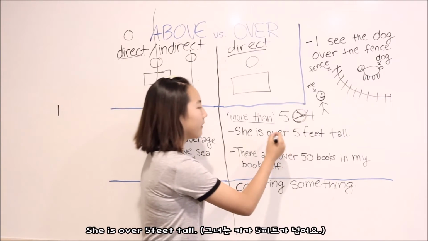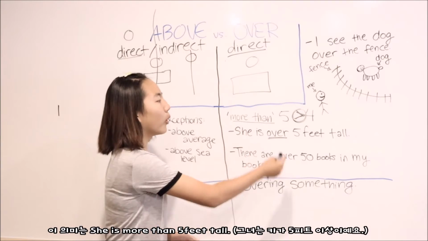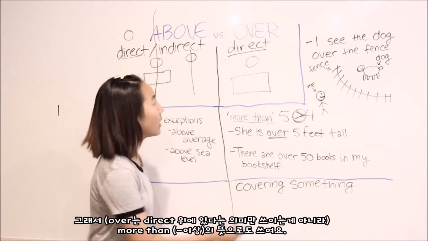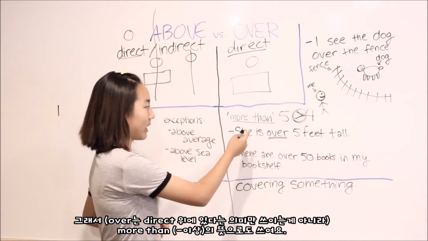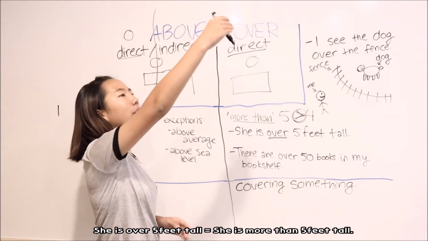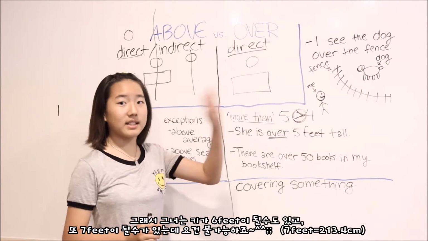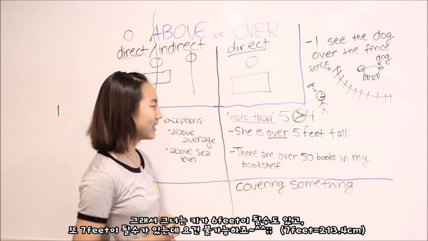She is over 5 feet tall. This means that she is more than 5 feet tall. So not only could it be used in this way, it could also be used as more than. She is over 5 feet tall, meaning she is more than 5 feet tall. So she could be 6 feet tall or 7 feet tall, but that's probably not possible.